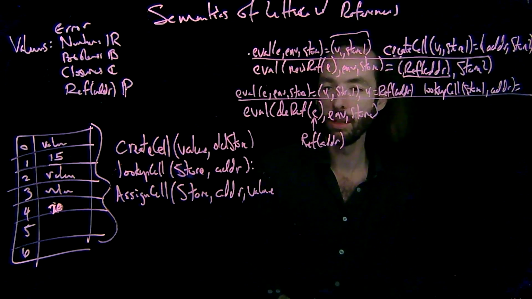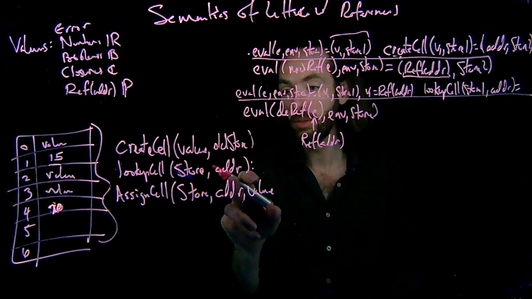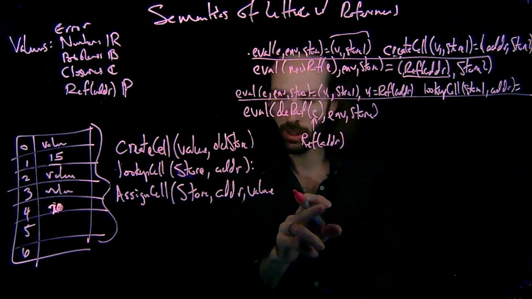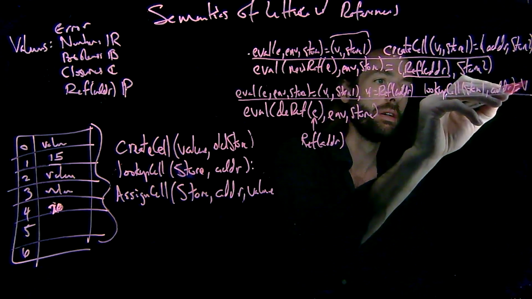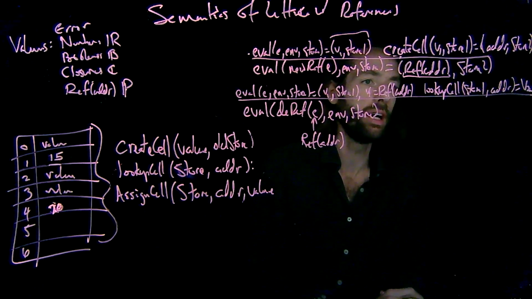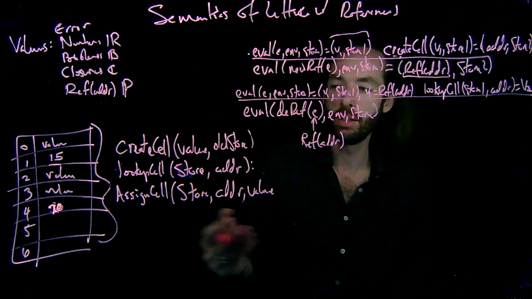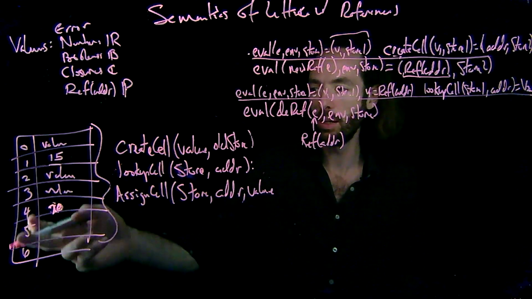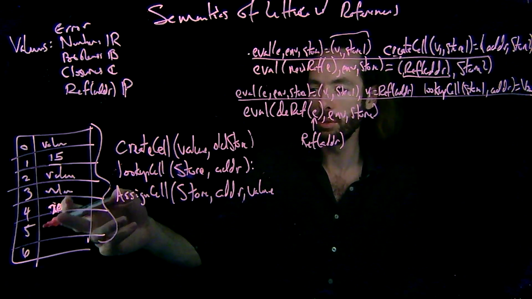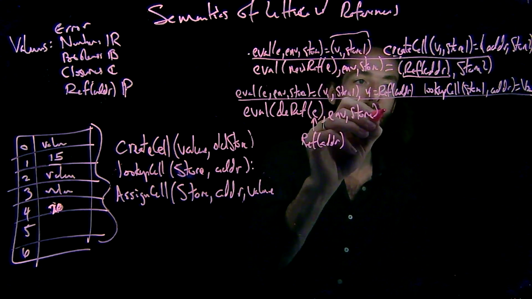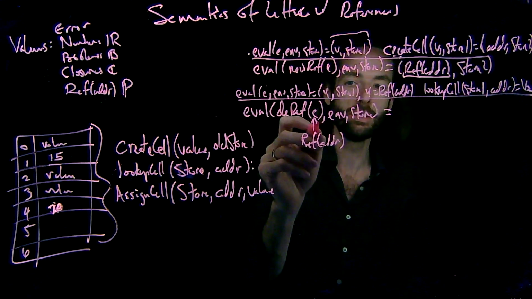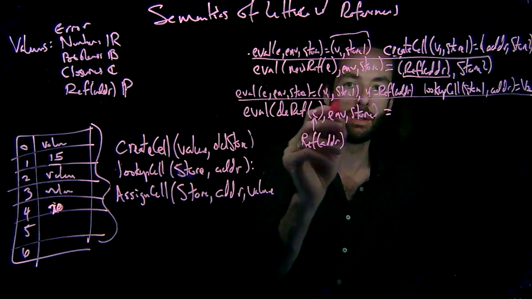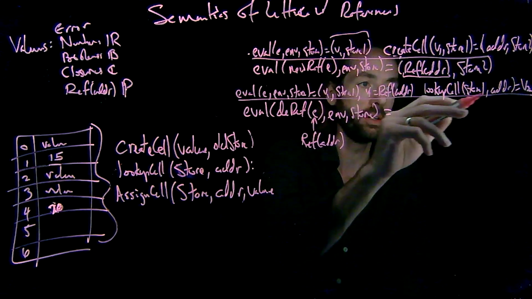And what does lookup cell return? It should return just the value that's there. So let's call that v2. Lookup doesn't modify the store at all. All it does is look up an address and return the value that's there. The whole point of deref is to find out the value in that address.